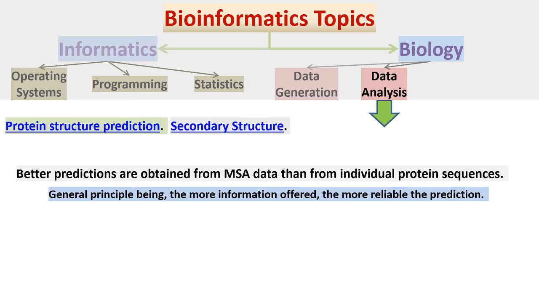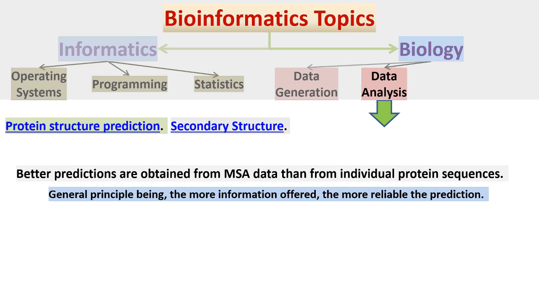The latter is far preferable, as an MSA represents a far richer source of information than an individual protein sequence. To crudely justify this claim, in this context, it would be reasonable to expect structural regions, alpha helices or beta sheets, to be highly conserved between a set of homologous proteins.